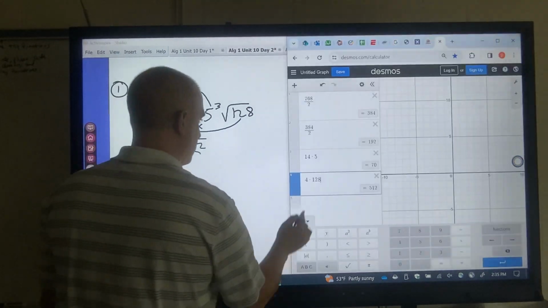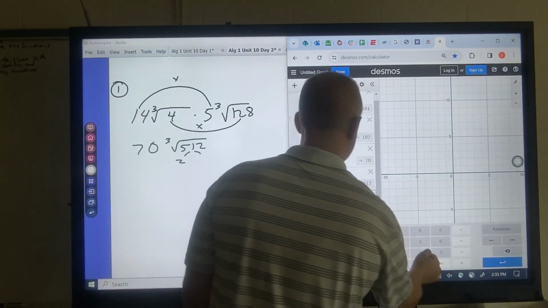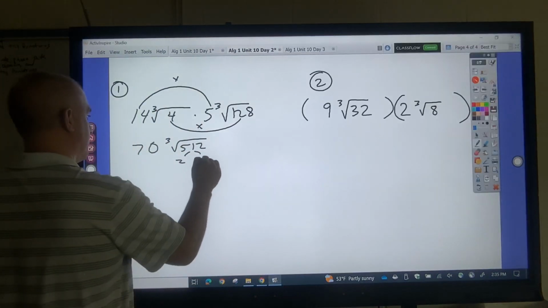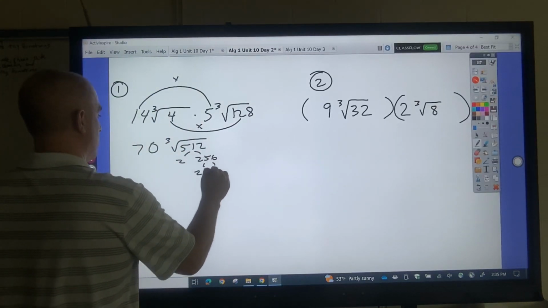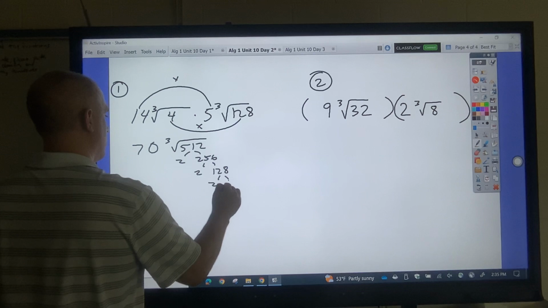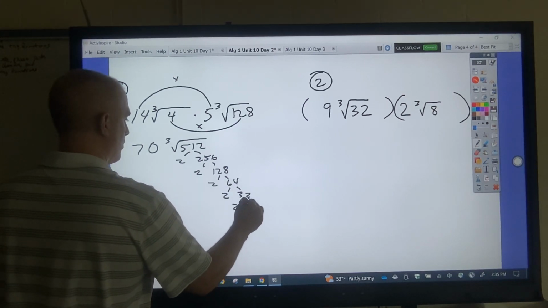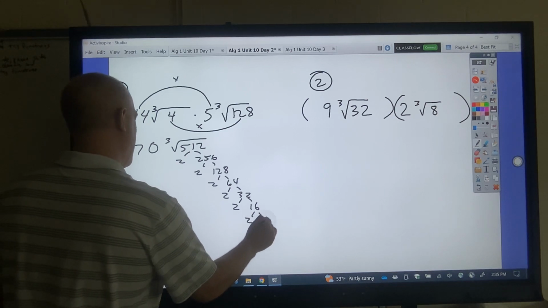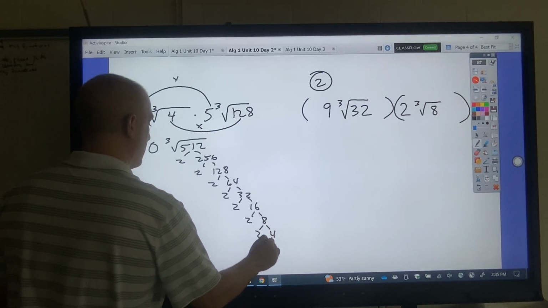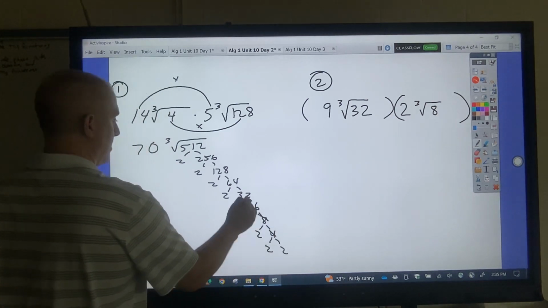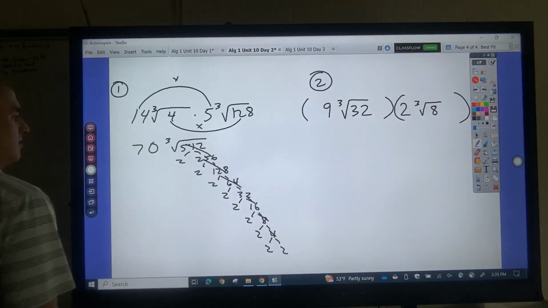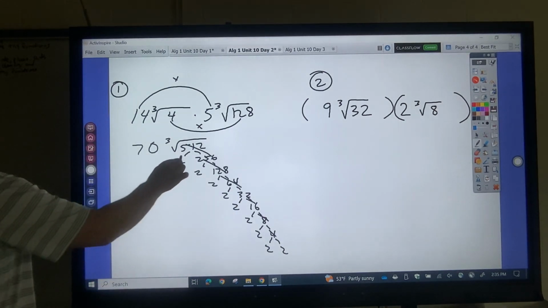That's 256, 2, 128, 2, 64, 2, 32, 2, 16, 2, 8, 2, 4, 2, 2, all the way down to that one. Okay, I'm looking to circle 3 of them.